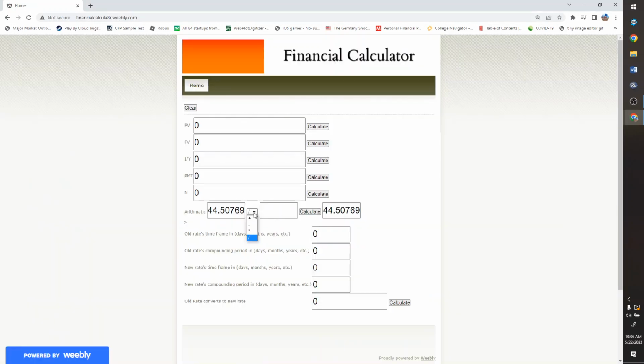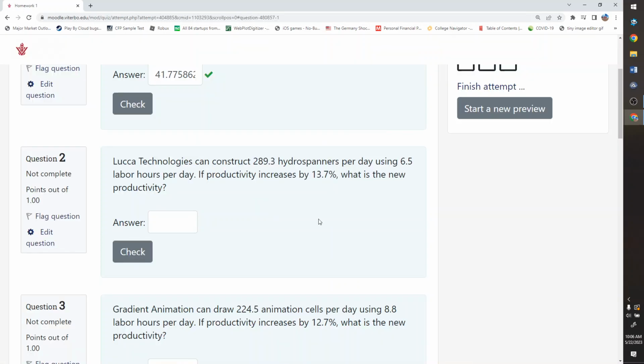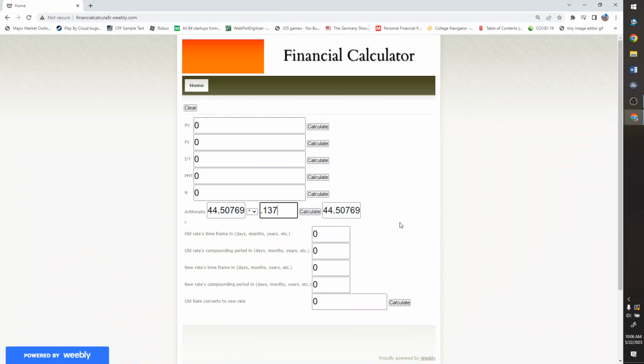Now if I do 0.137, right, 13.7, 0.137, and calculate, we get 6. Now 44 productivity turning to 6 doesn't make sense. So this is actually 6 more units, right? Production is going up, so per labor hour we're making 6 more units.